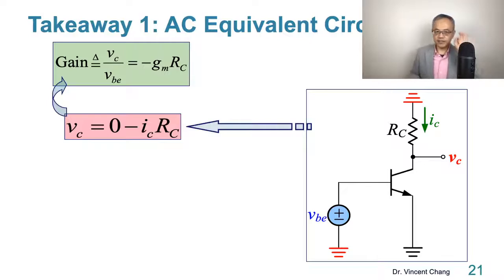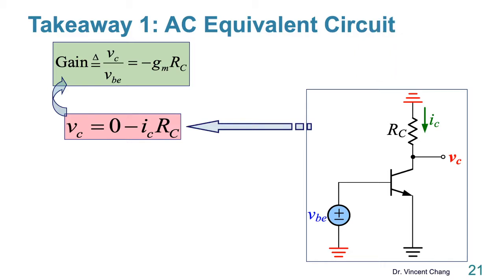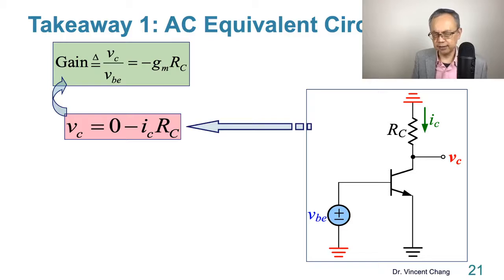So these three puzzles are the three major takeaways. Number one, make sure you understand the concept of the AC equivalent circuit. Don't try to get everything involved. Take out the VCC in the first place when it comes to AC. Take out DC in the first place.